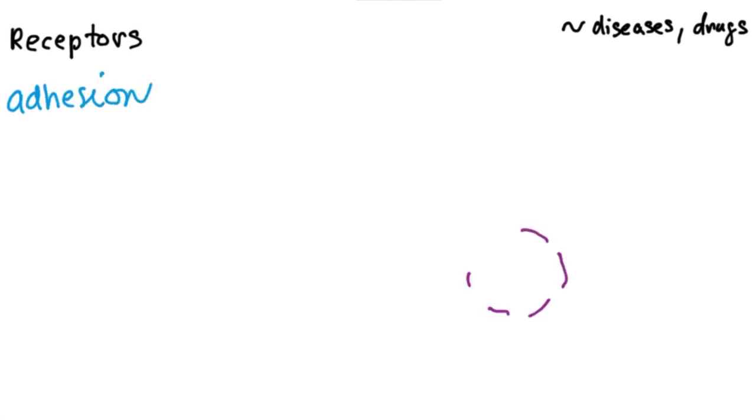Okay, now let's get to the platelet receptors. The reason to know at least some of the receptors is that their mutations can cause a disease. Also, the drugs used for some of the diseases aim at these receptors or their ligands. So let's first go through the receptors responsible for adhesion.